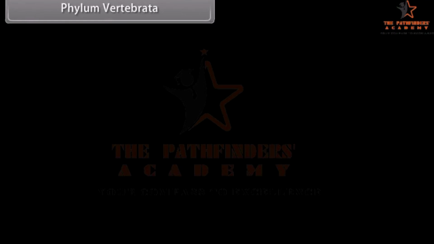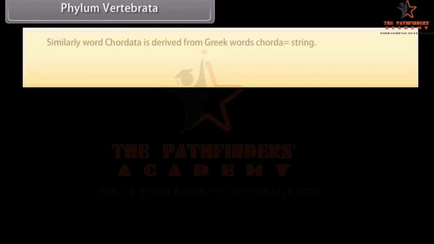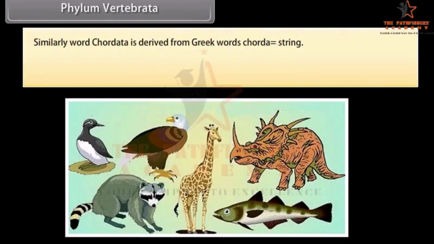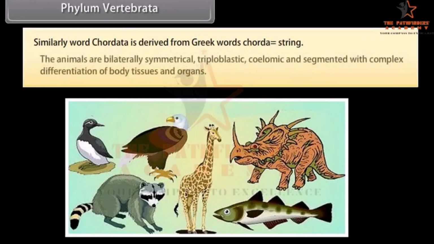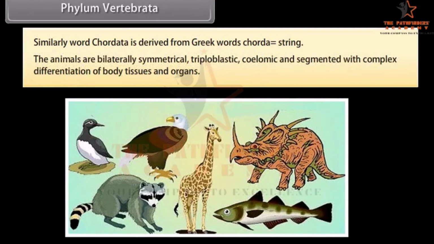Phylum Vertebrata. Similarly, the word chordata is derived from Greek words chorda, which is string. The animals are bilaterally symmetrical, triploblastic, coelomic, and segmented with complex differentiation of body tissues and organs.